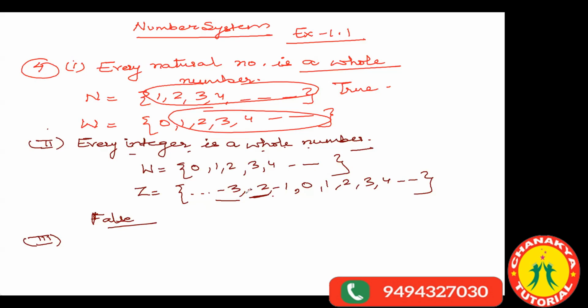Now next is: every rational number is a whole number. Is this statement correct? Tell me.